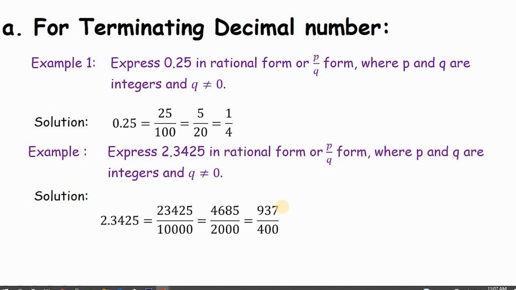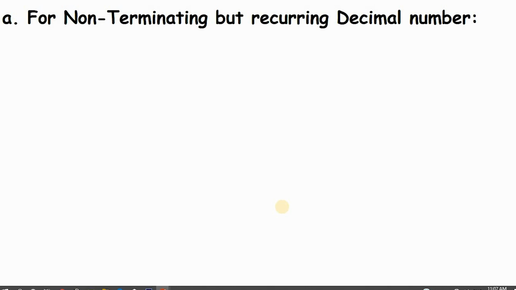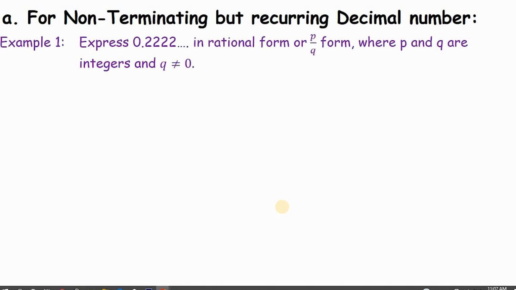Now we'll move on to the second part, that is for non-terminating but recurring decimal numbers. The first example is to express 0.222 in rational form or p by q form where p and q are integers and q not equal to 0.